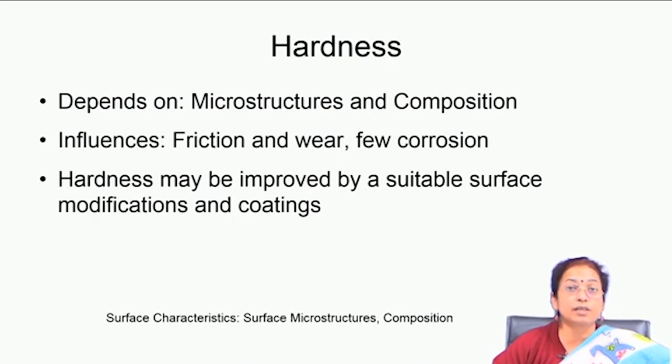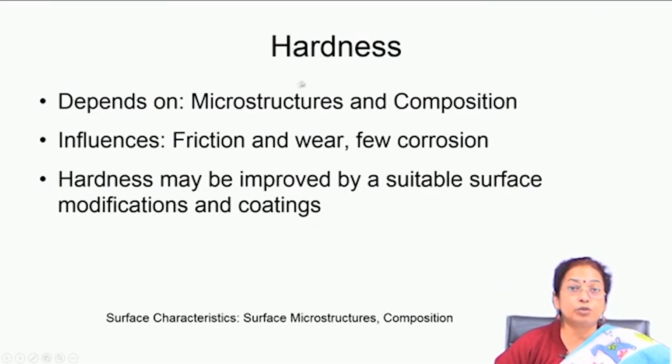If you measure the hardness in nanoscale with the help of nano indentation technique, you will find that the hardness of the surface is much higher than that of the bulk of the material, because of the presence of a work hardened layer or oxide layer or the Beilby layer.